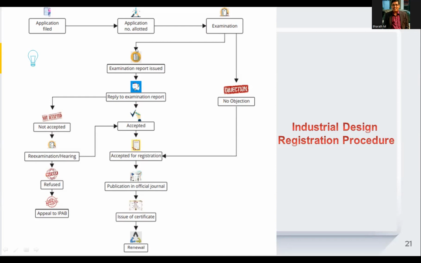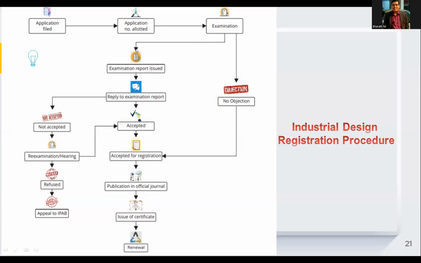If it is accepted, it goes to accepted for registration. Even if you clarify all the objections, it goes to accepted for registration. If it is not accepted, here on the left side, you can expect re-examination or hearing. If even that fails, you may go for appeal. Finally, the certificate will be given to you.